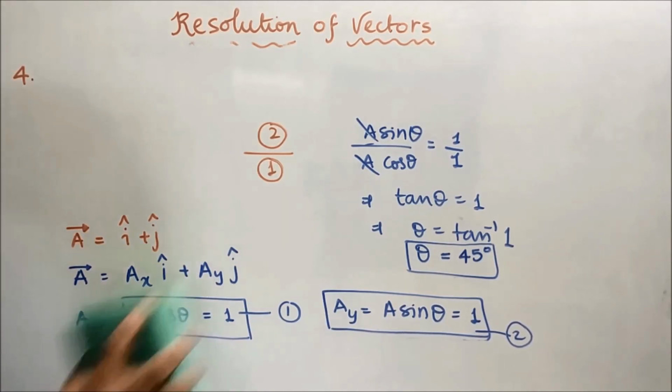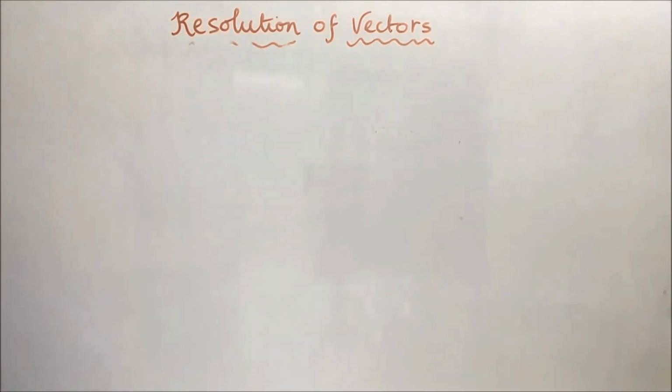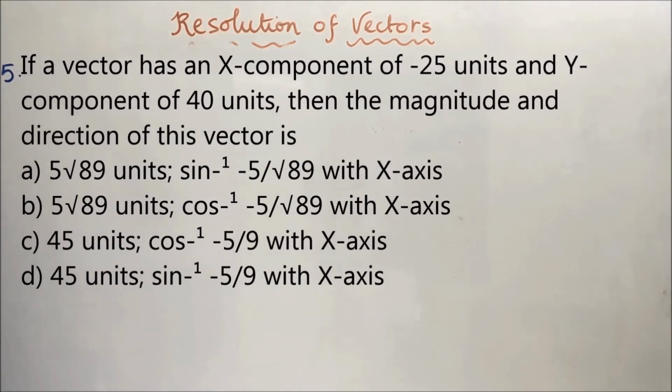And the last question, 5. If a vector has x component of minus 25 units and a y component of 40 units, then its magnitude and direction of the vector is. So options you can see. Option A, 5 root 89 units.